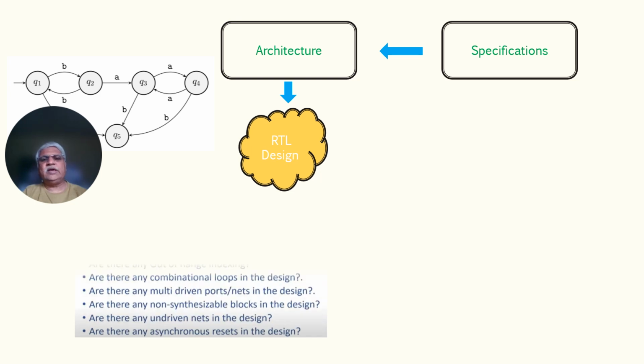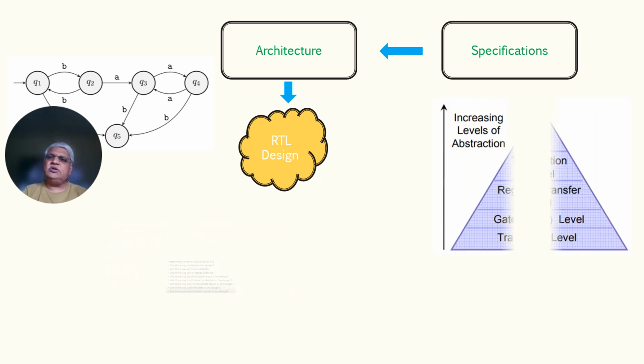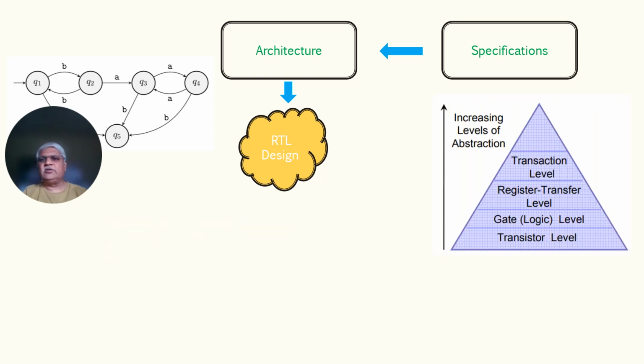Now this architectural RTL design should not have any coverage holes, any X handling issues, or any clock domain crossing issues. Say, for example, it has some unintentional latches in the design by mistake of the RTL coding, or it has set reset conflicts, or out of range indexing.